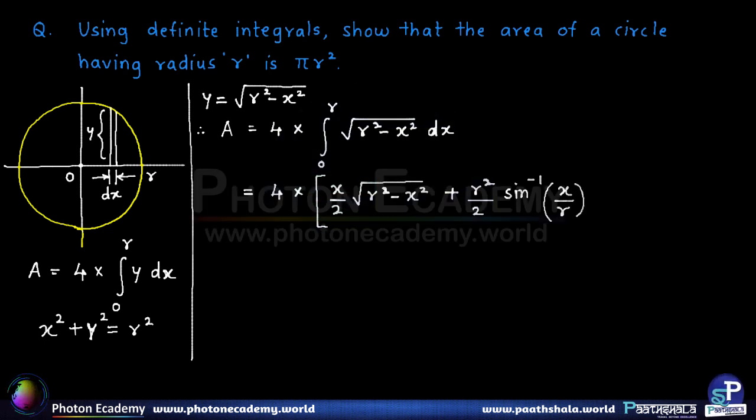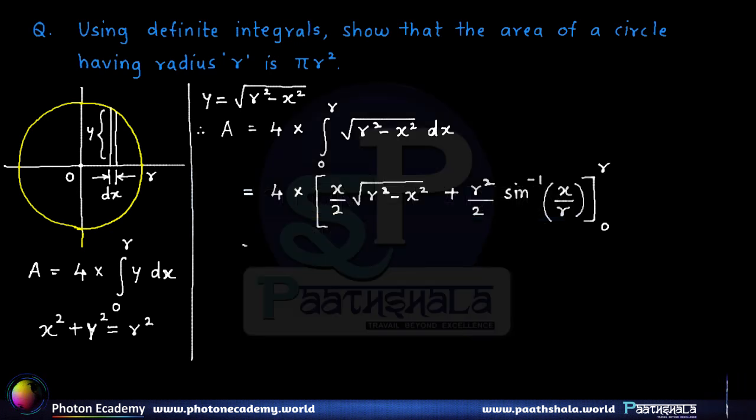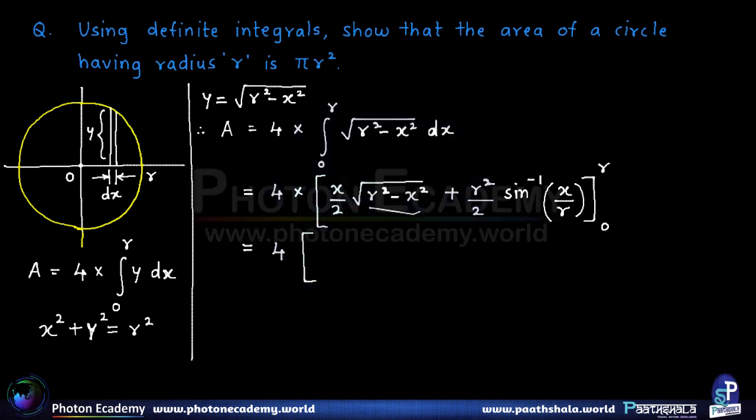Now we have to evaluate this entire integral between the limits 0 and r. Let us first substitute the upper limit. The first term has r square minus x square, correct? So when we put x as r, that expression will vanish and become 0.